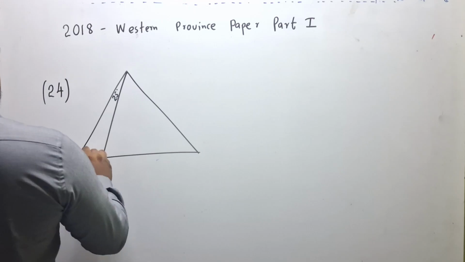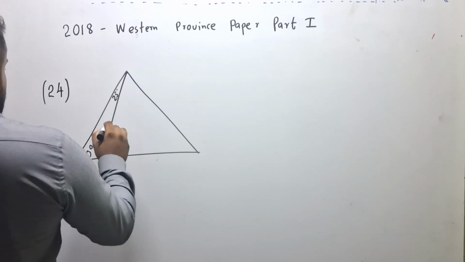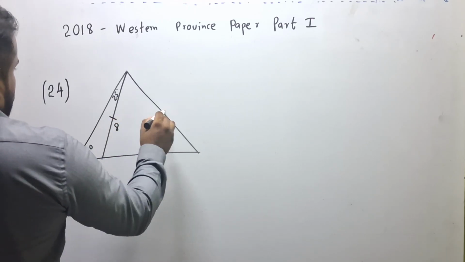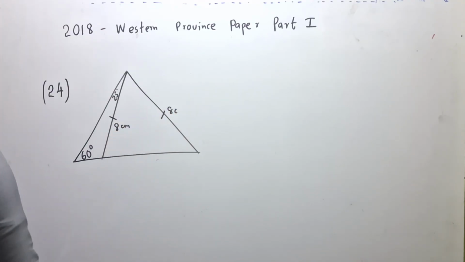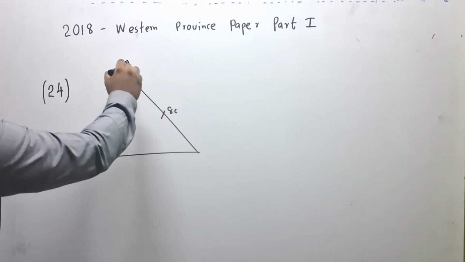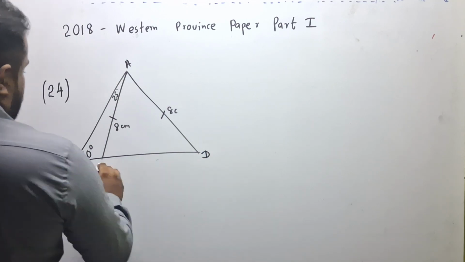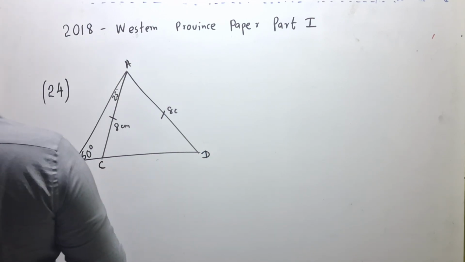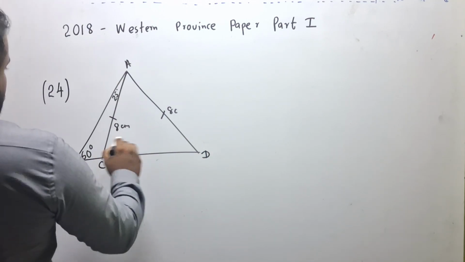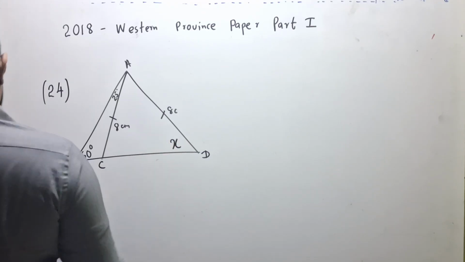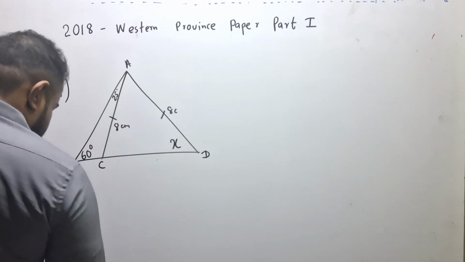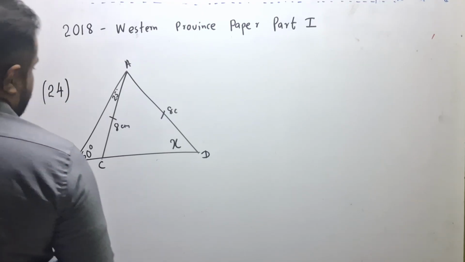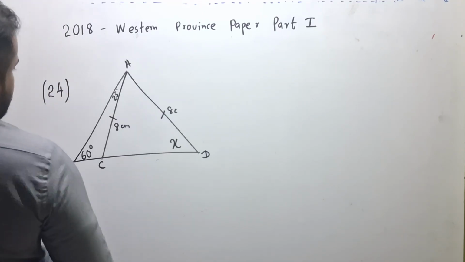This is 60. 8 centimeters, 8 centimeters. That means ABC is an isosceles triangle. So they have given this as X. Okay, those data are in the figure, and I will input another data.